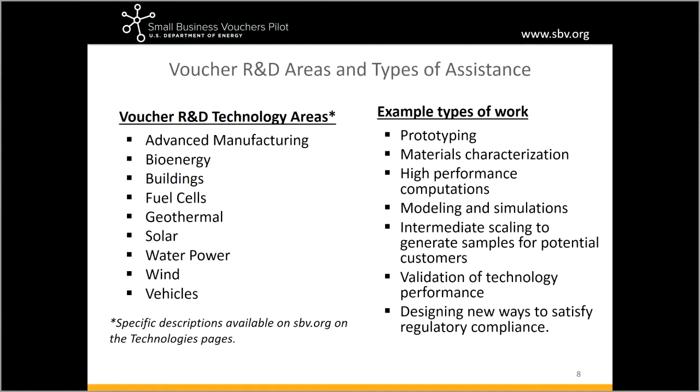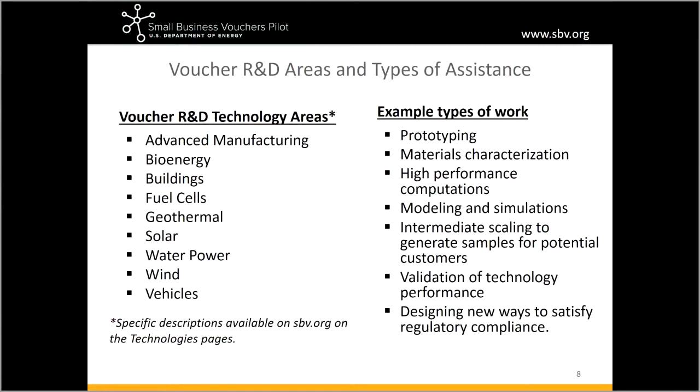So we are limited to the following technology areas, which are EERE's mission space, and that's advanced manufacturing, bioenergy, buildings, fuel cells, geothermal, solar, water power, wind, and vehicles. And if you go to sbb.org, you can see more detailed descriptions of what we mean by those technology areas.